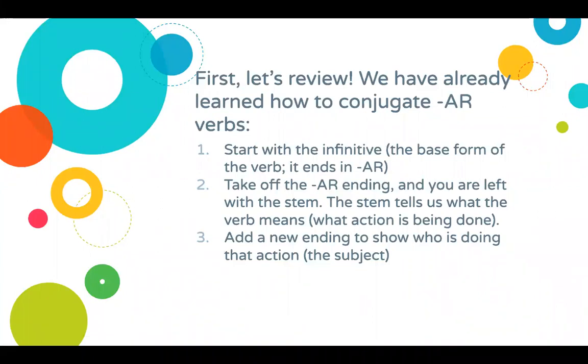A very important step to remember is take off the AR ending, and you're left with the stem. The stem tells us what the verb means or what action is being done. The last step is to add your new ending to show who is doing the action or the subject of the sentence.